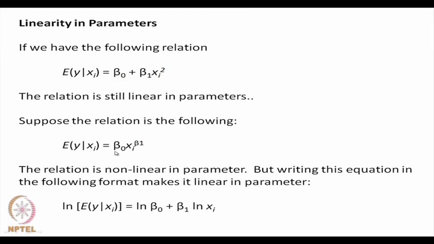If you take log, then it becomes ln beta 0 plus beta 1 ln xi. If you consider this as a variable and this is 1, then this becomes a linear relationship. This depicts a linear relationship. This is usually called a log linear relationship.